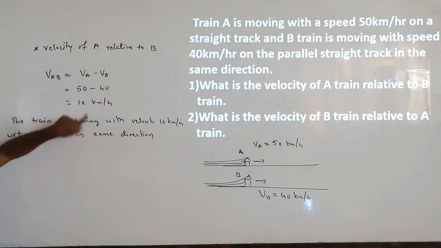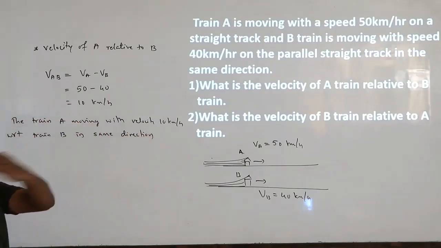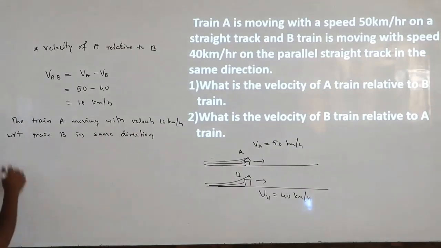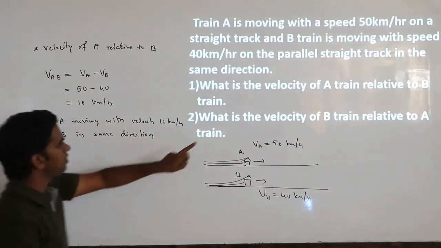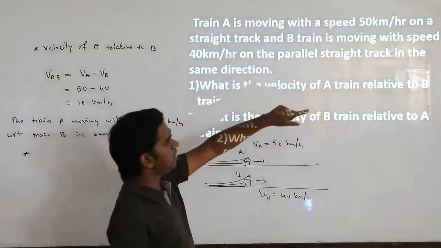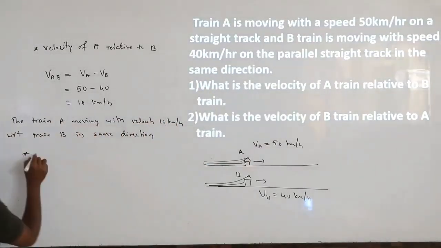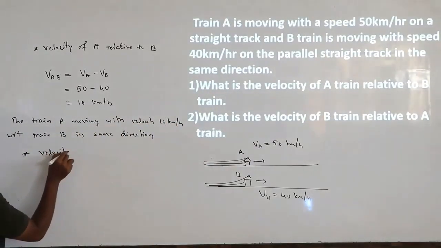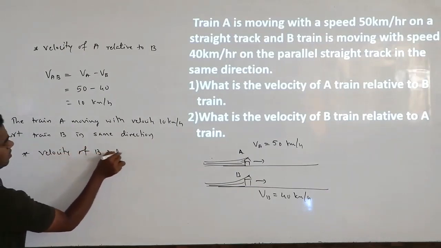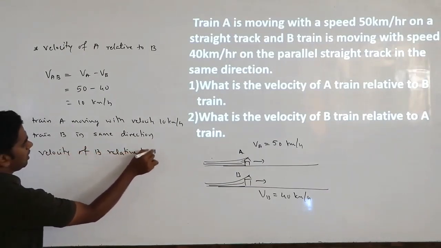If you get it positive, it is the same direction. If the answer you get is negative, it is the opposite direction. So the second question: what is the velocity of train B relative to train A?